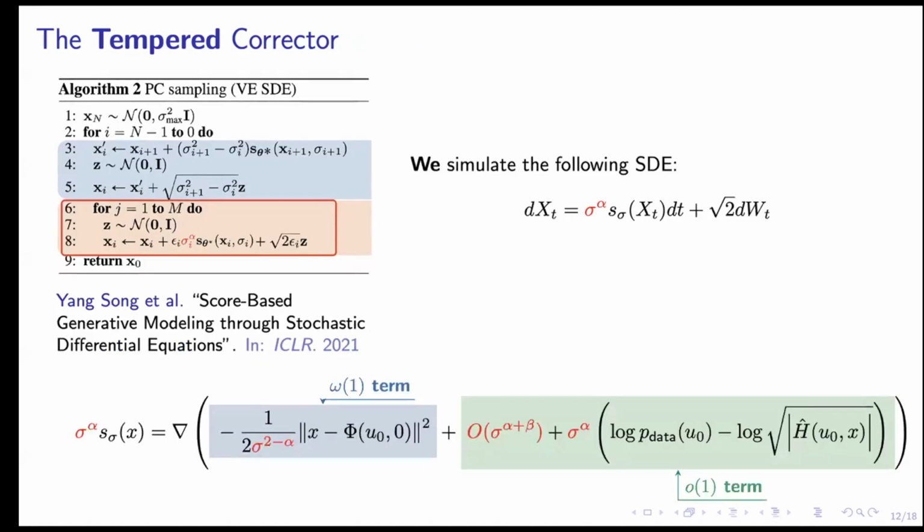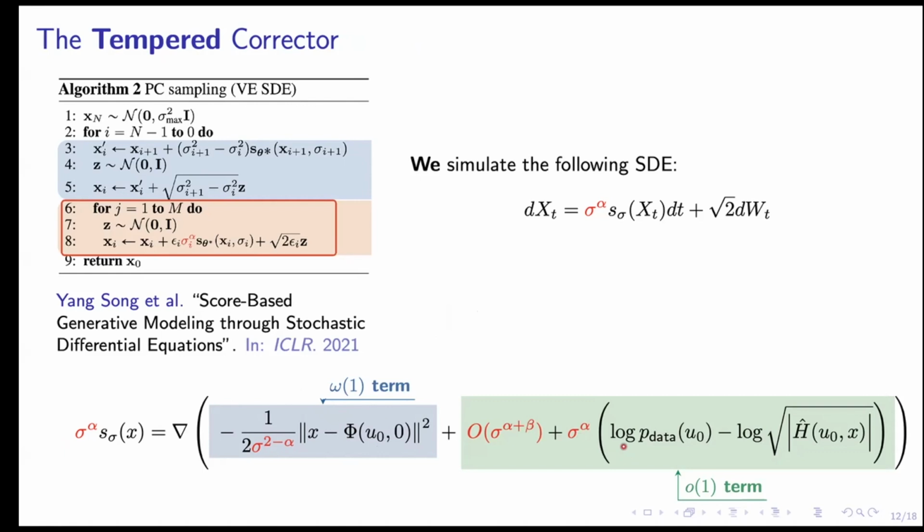The intuition here is that after multiplying by sigma to the power of alpha, the score function becomes the gradient of another score function that corresponds to uniform sampling. The original leading term is still preserved because we select alpha to be small, so it can still determine the manifold, the support of your limiting distribution.